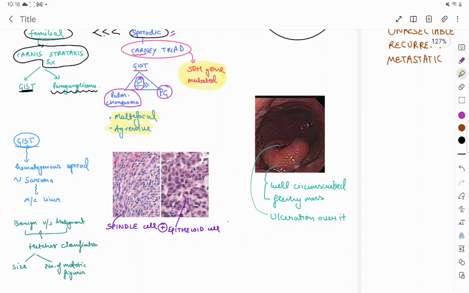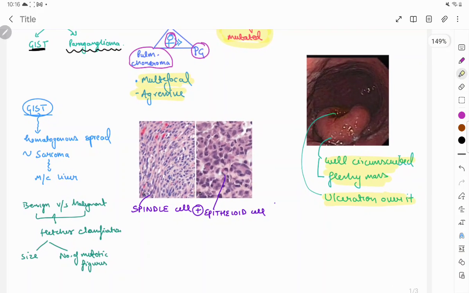Let's look a bit into the pathology of the disease. On a gross specimen, you are going to see a fleshy mass that is well circumscribed, and most of the time we see an ulceration over it, that is ulceration over the mass of the GIST.